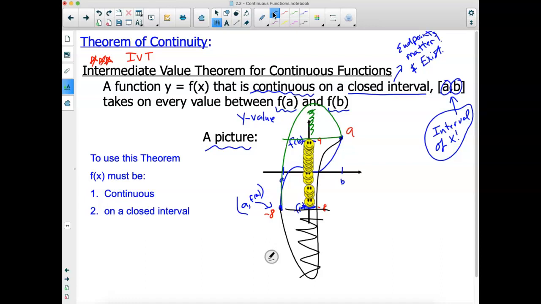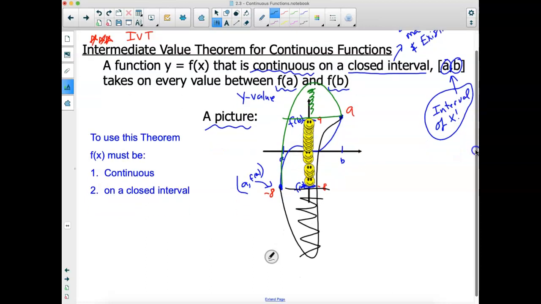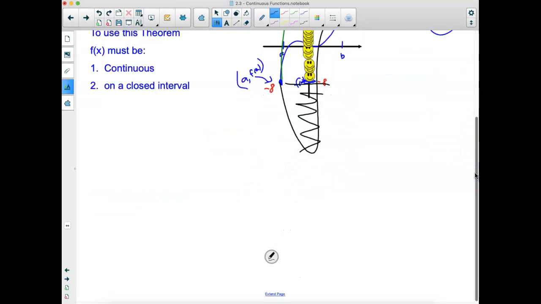It's just guaranteeing all values between f of a and f of b. The intermediate value theorem gives me all values between f of a and f of b are guaranteed.